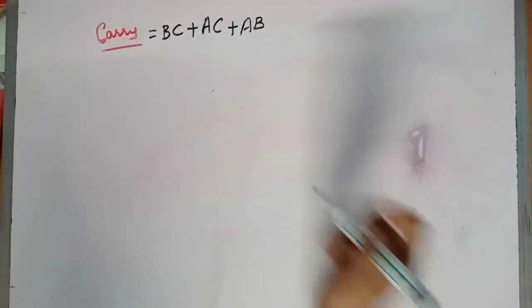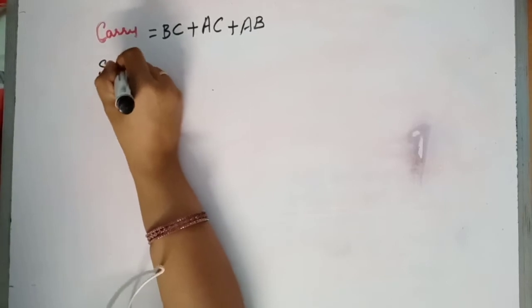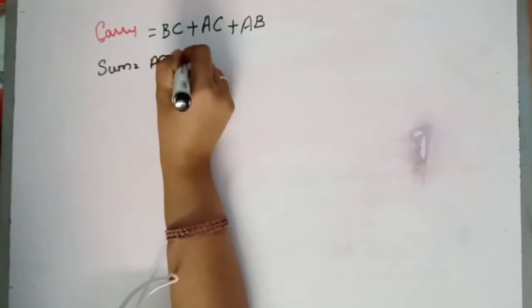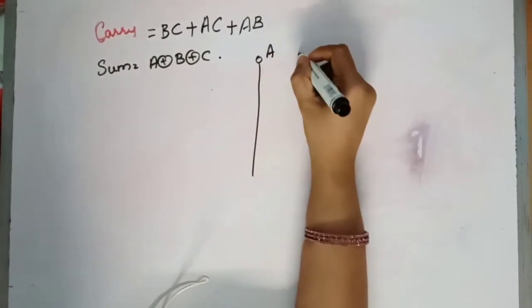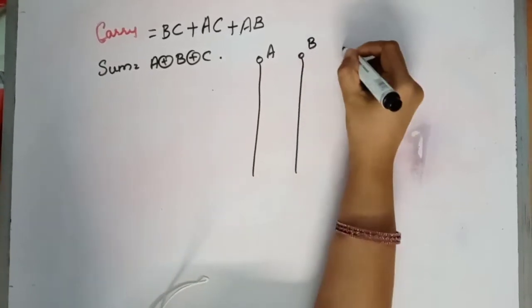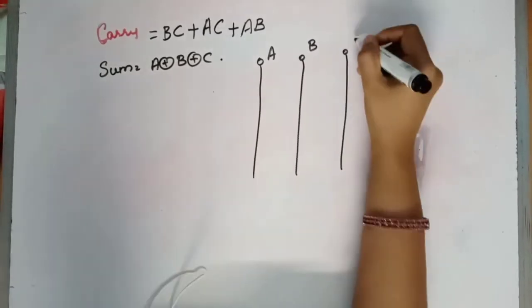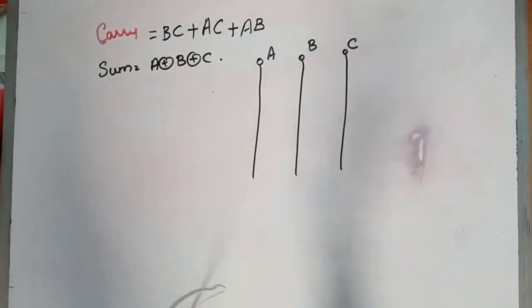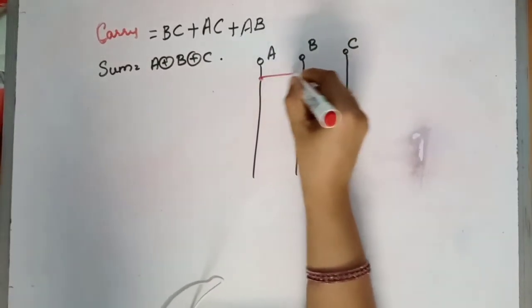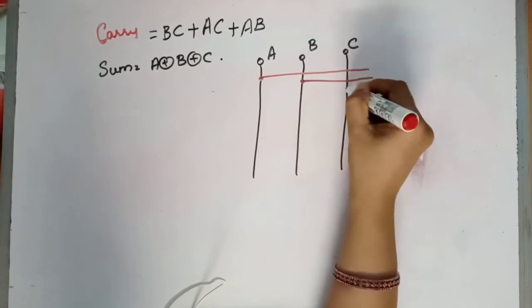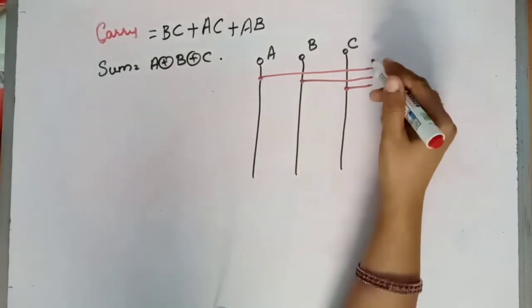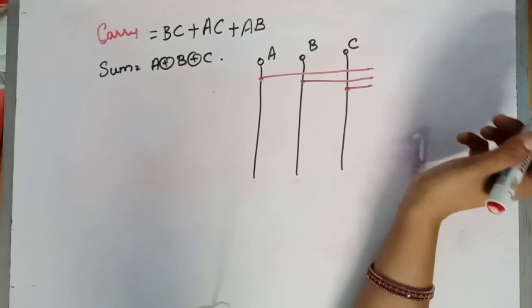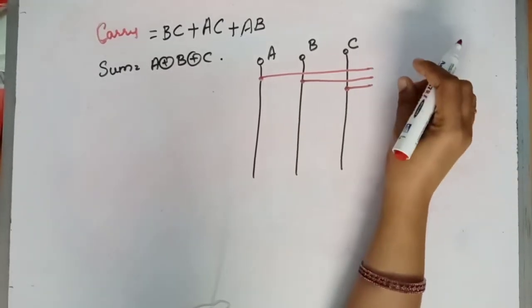So what was our sum? Sum was A XOR B XOR C. So A, B, C. So sum is A XOR B XOR C. Just for theory purposes you can draw a 3 input XOR gate, but practically you don't have a 3 input XOR gate.